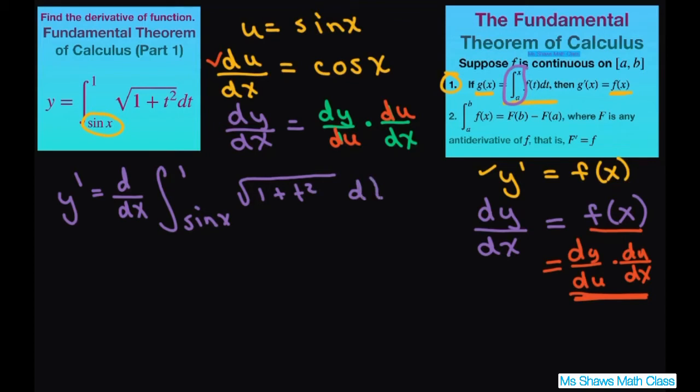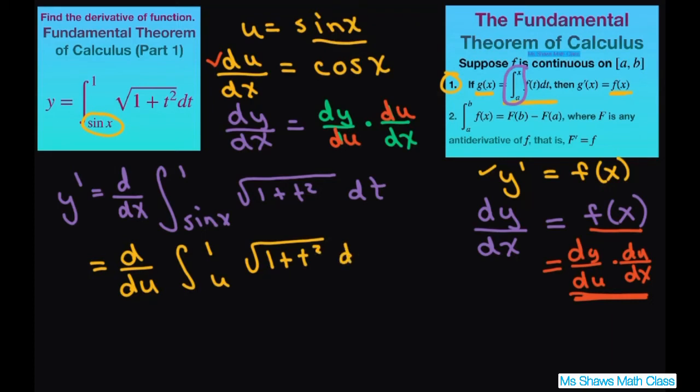All right. Now, what we want to do next is set this equal to your u, because we did u substitution. So all we're doing is changing this to 1 and u and copying everything else down. And this is going to be times the derivative of u with respect to x.